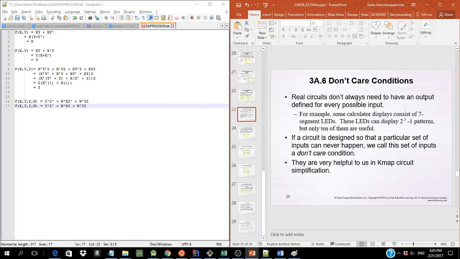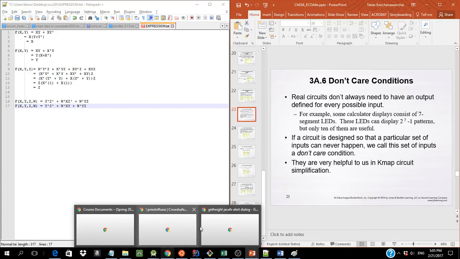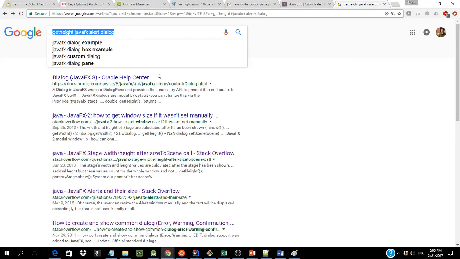Real circuits don't always need to have an output defined for every possible input. For example, some calculator displays consist of 7-segment LEDs. So let's look at 7-segment digits. If you look at your digital clock, that is 7 segments.